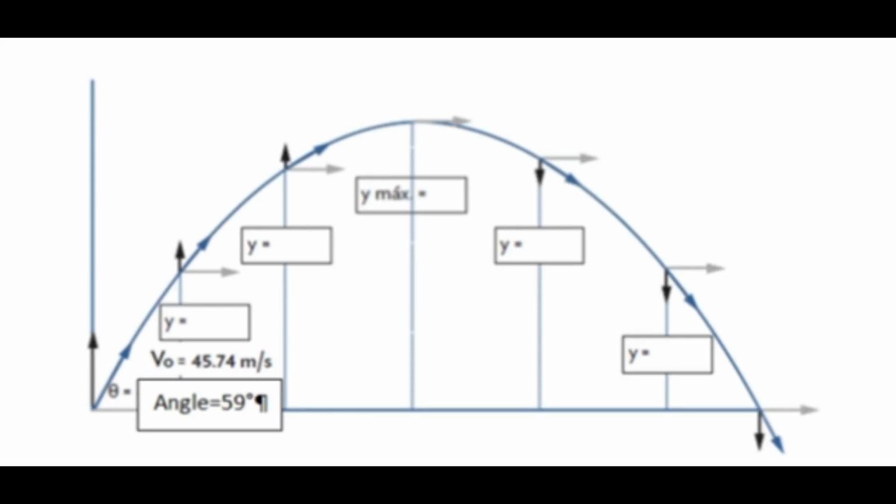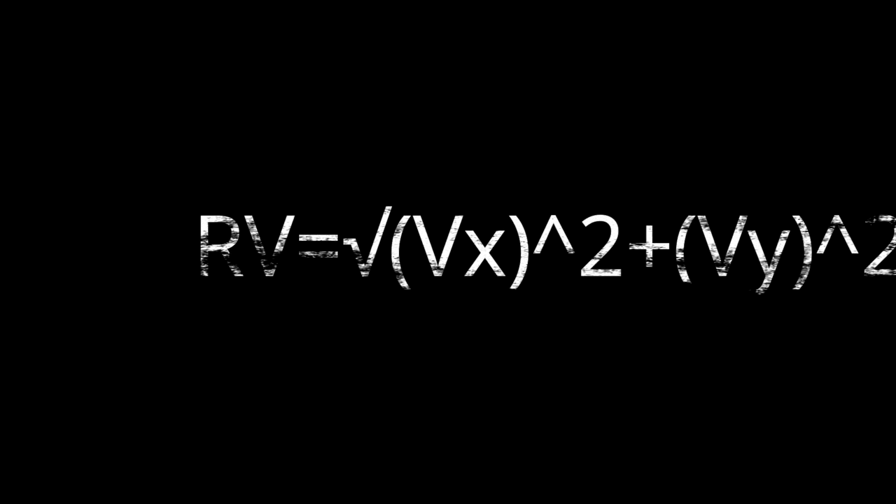To obtain the resultant vector we have to use the formula: vector in x squared plus vector in y squared, and we take the square root.